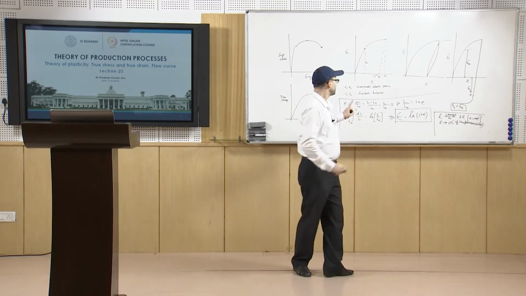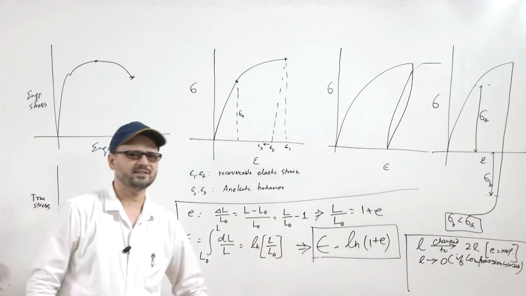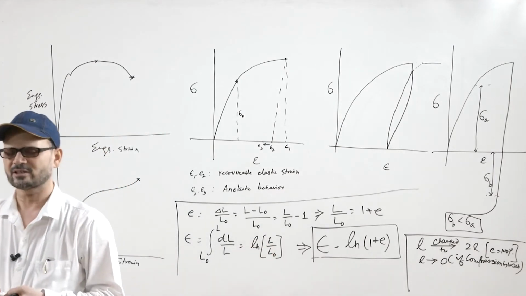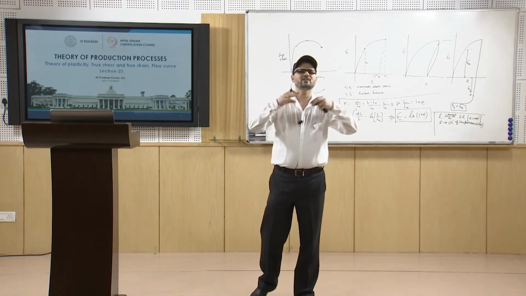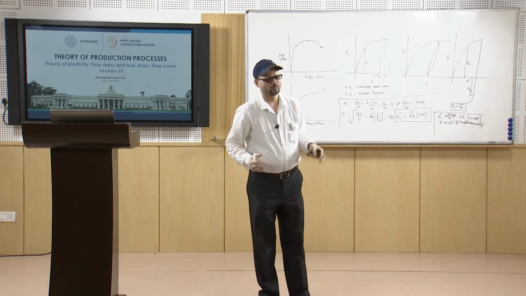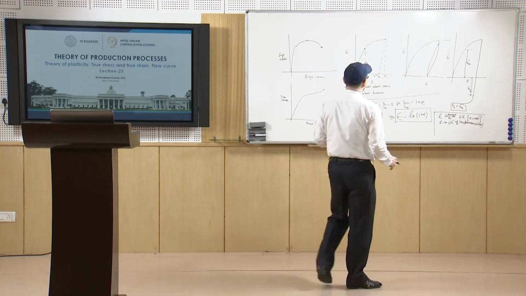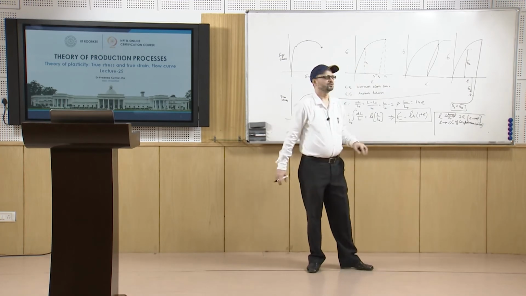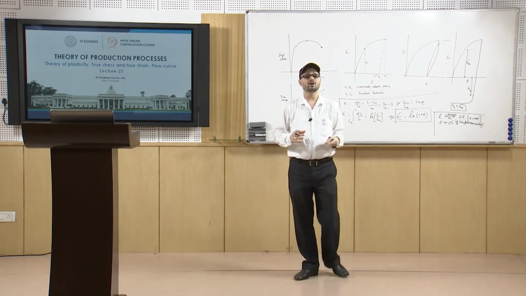Further, this L by L naught is there, and in the case of plastic deformation, if you assume that the material is isotropic and homogeneous, with no defect in anything, then there will be constancy of volume.